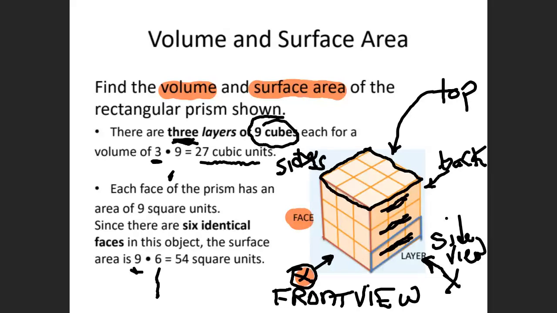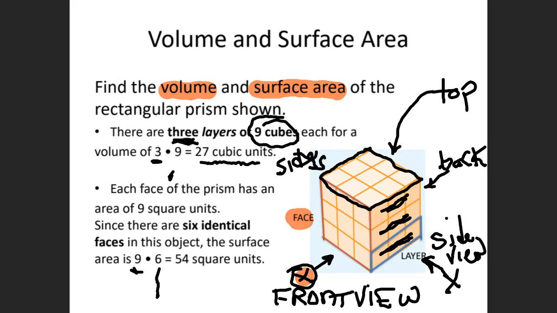When I multiply those together, it will tell me that I have 54 square units, because each square, I'm looking at the top, the side, the back, the bottom, the front, they all have 6 different faces.